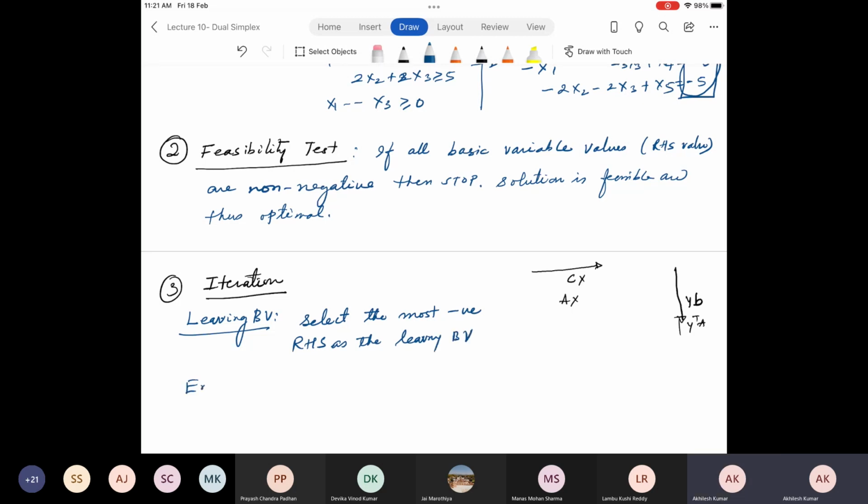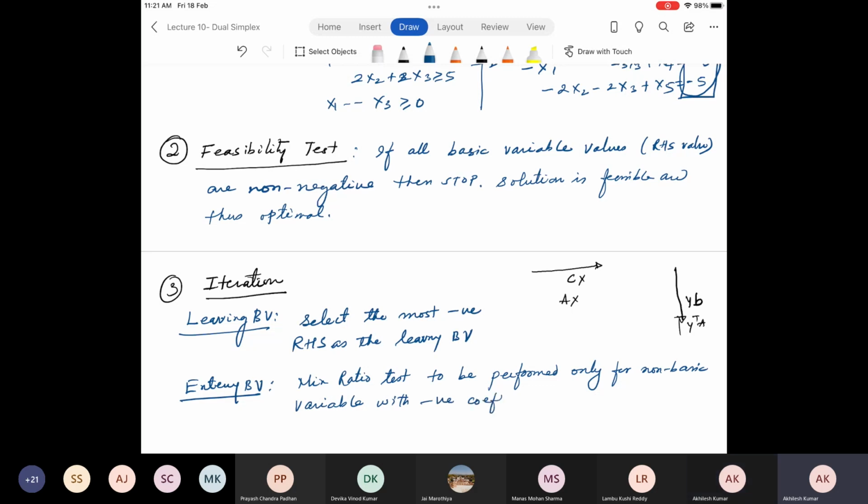Then who will be entering? The minimum ratio test is to be performed only for non-basic variables with negative coefficients in the pivot row.